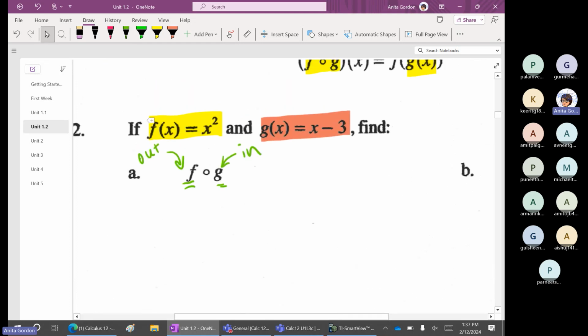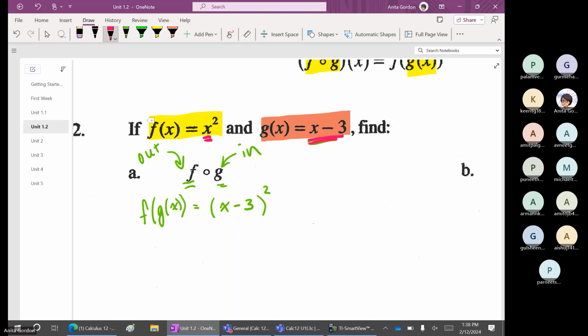So that means on the outside function, f of g of x, I am replacing x with the entire function g. So g is x minus 3, so this is x minus 3 all squared. So I've taken out the x and I have put in the function g.